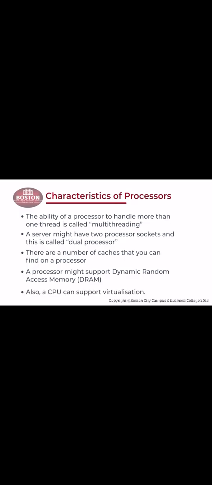Also, a CPU can support virtualization. A processor might have the ability to manipulate graphics data to form the images on a monitor screen. And lastly, a processor can run at a higher frequency than recommended by the processor manufacturer, and this is called overclocking.